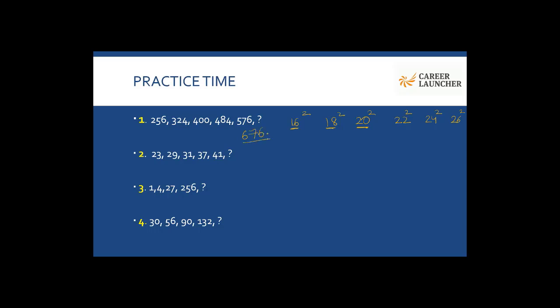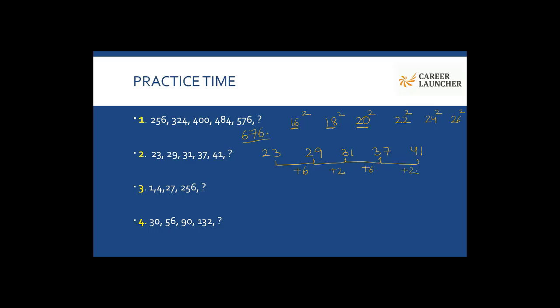Looking at the second one, 23, 29, 31, 37, 41. Here if I see the difference, it is plus 6, then plus 2, plus 6 and plus 2. That is the pattern in the series.